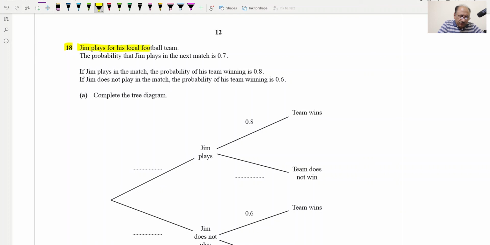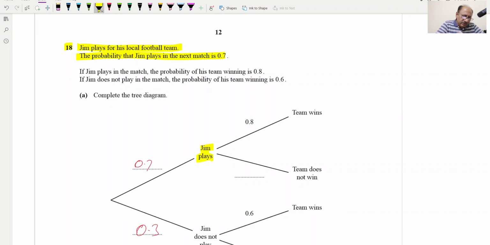Jim plays for his local football team. The probability that Jim plays in the next match is 0.7. So plays is 0.7, we can write here 0.7. So not plays will be what? Not play will be 0.3, the remaining probability.